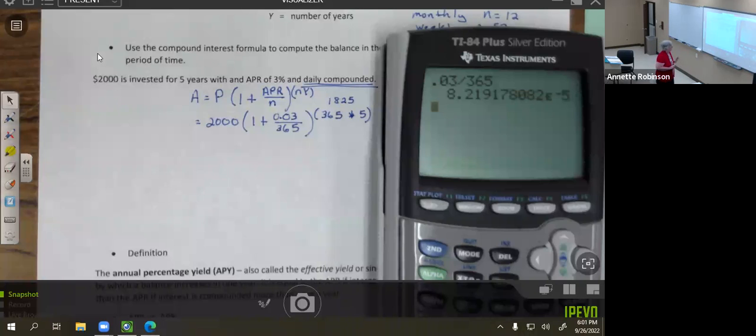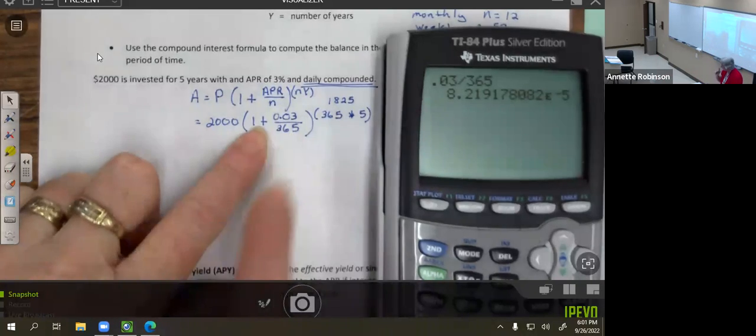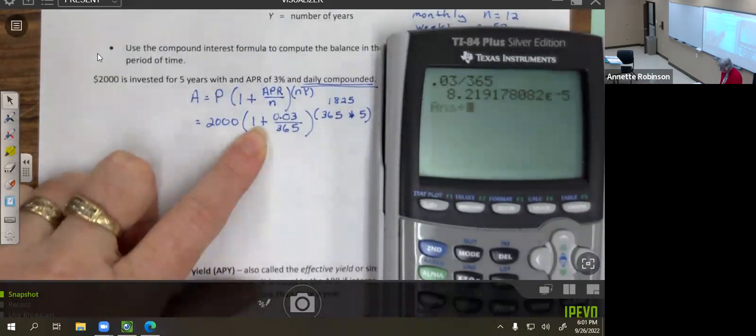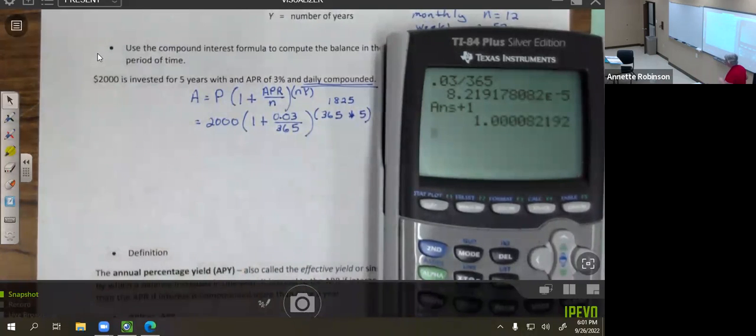Leave it there. Okay. We are still in the parentheses. We've done the division, so now I want you to simply put +1 and hit enter. So that's the number that's in the parentheses. Again, don't worry about writing it down yet. We're not finished. Fair enough? We want to raise it to 1825.